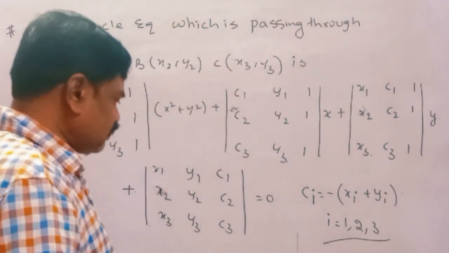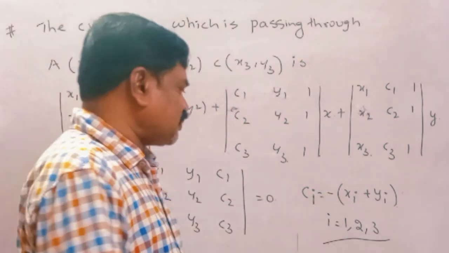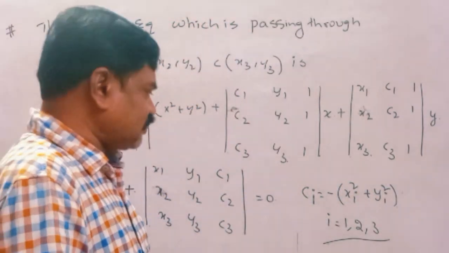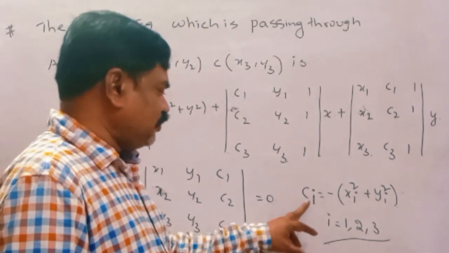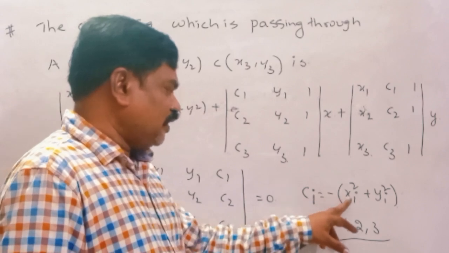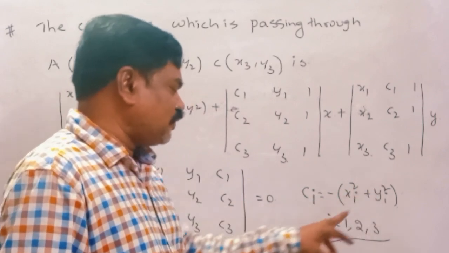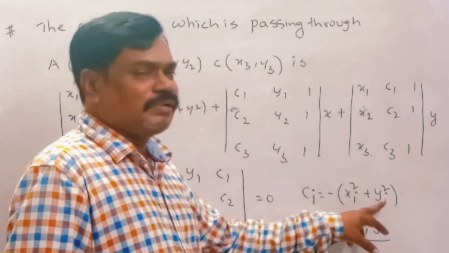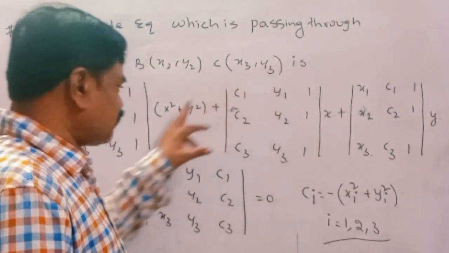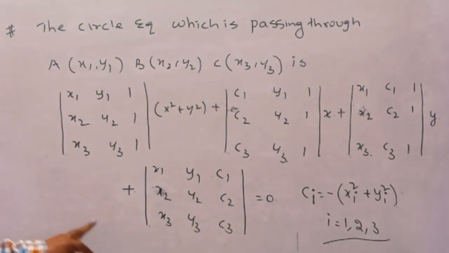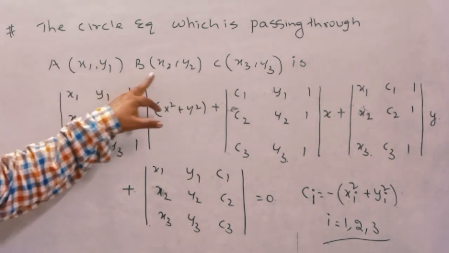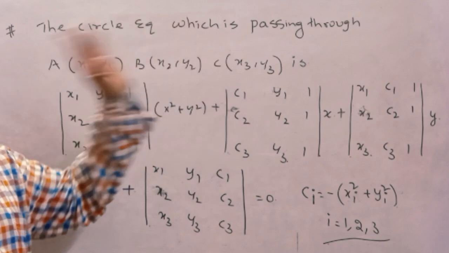That is, c1 is equal to minus of (x1 square plus y1 square), c2 is equal to minus of (x2 square plus y2 square), c3 is equal to minus of (x3 square plus y3 square). This is the circle equation which passes through the points A(x1, y1), B(x2, y2), C(x3, y3).